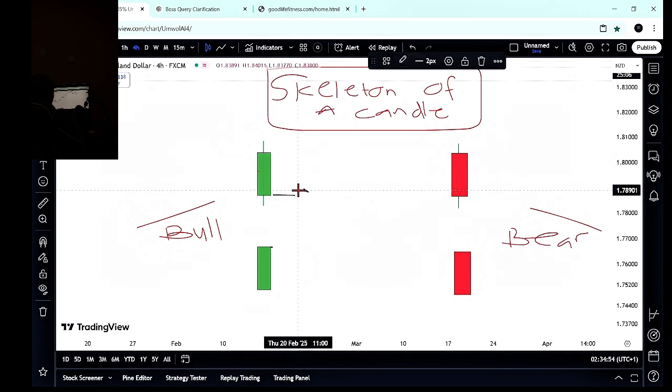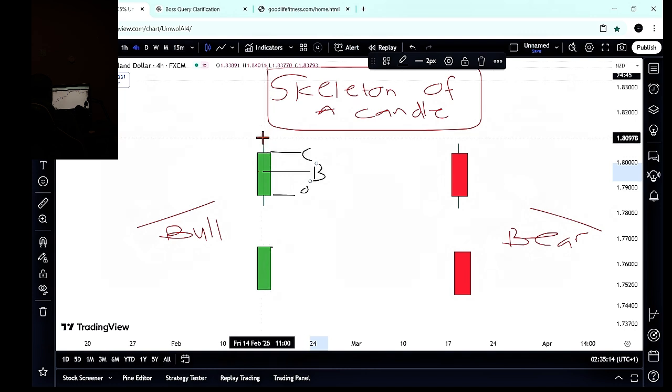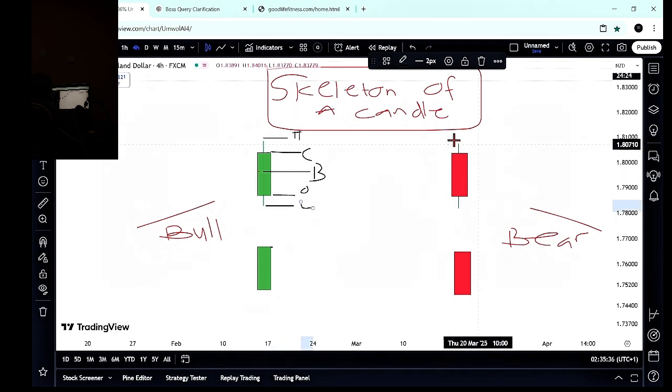So I'm just going to represent it as O. This area here, that's the upper part of this body, is going to be what? Close, which is C. Then this whole area, which is the body, is going to be B, which is the body. And this wick around this area, this highest point of this candle, is going to be what? The high. This wick down here is referred to as the lowest point of this particular candle.